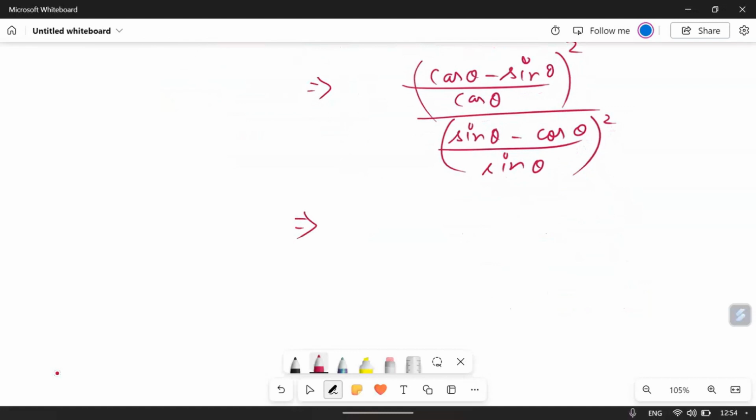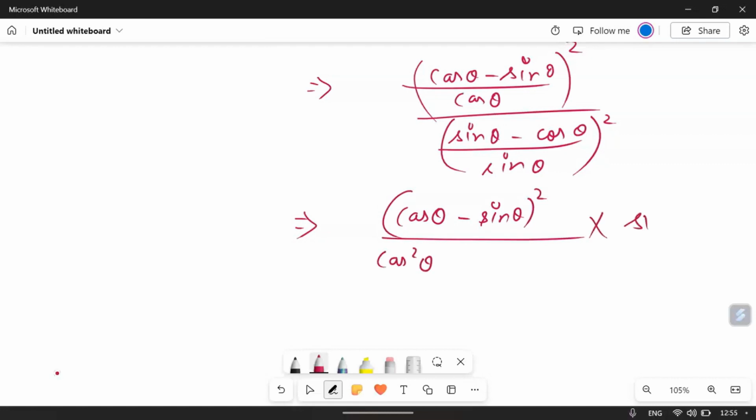Now cos theta minus sin theta whole square divided by cos square theta, that is multiplied by sin square theta divided by sin theta minus cos theta whole square.